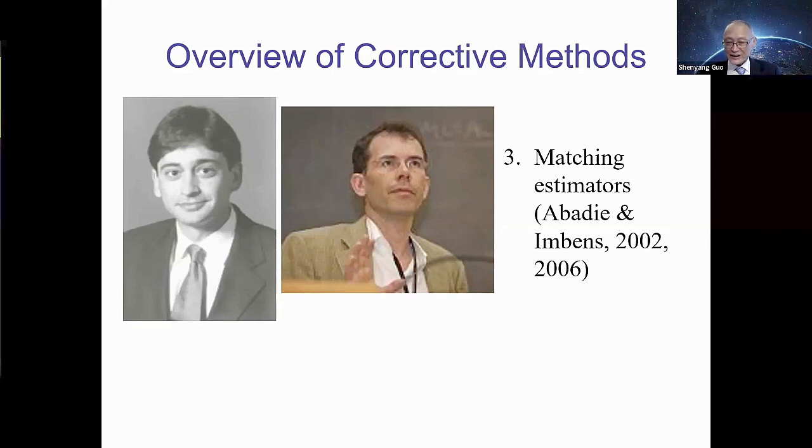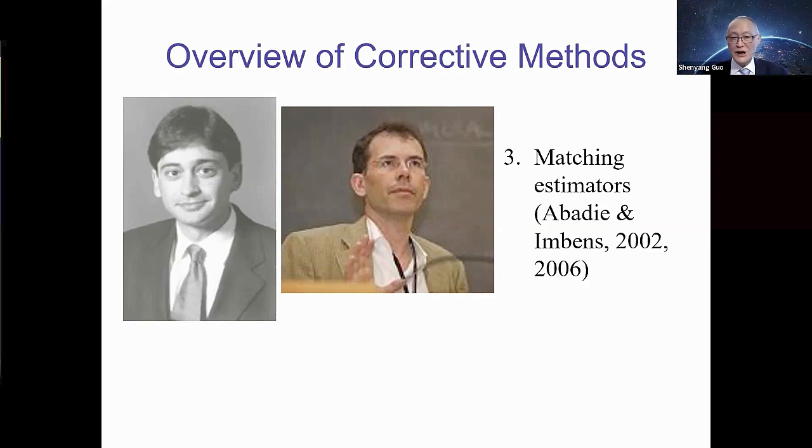The method here estimates the potential outcome at the individual level as a first step. So the counterfactual framework basically assumes that all participants of our study have two outcomes.